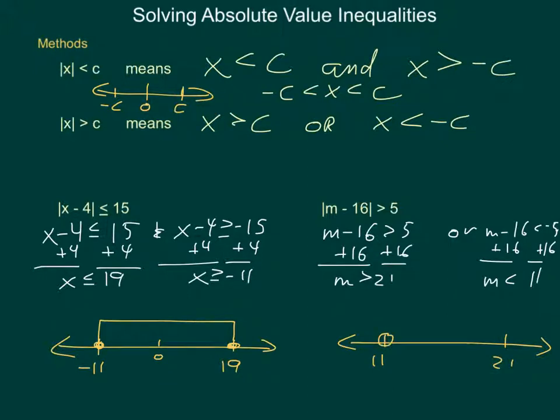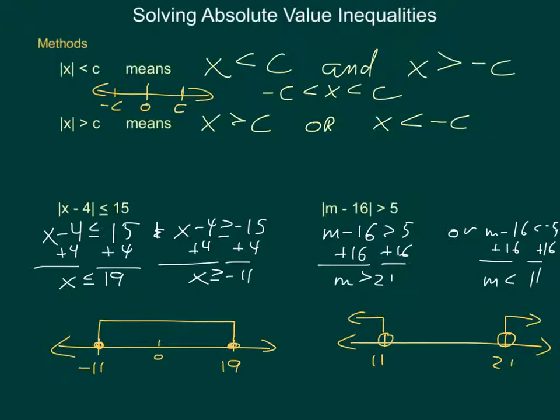Both of these will involve open circles because I'm not equal to. So the first one, m is greater than 21, that's going to be to the right. Second one, m is less than 11, that will be to the left. So if my absolute value is greater than a number, it splits and makes an or statement. If it's less than that number, it will come together and make an and statement.